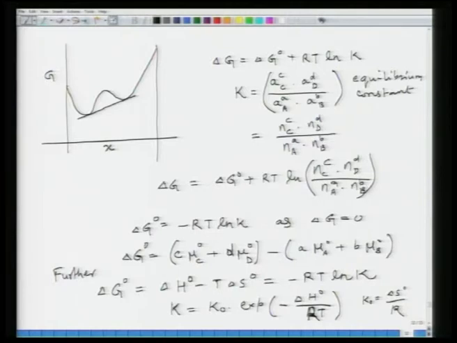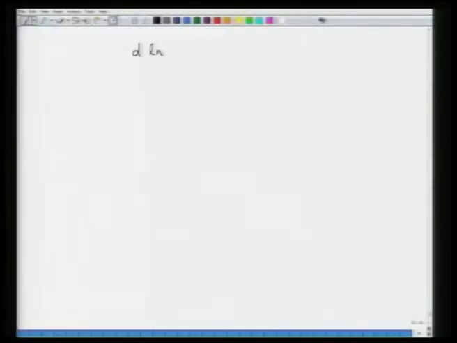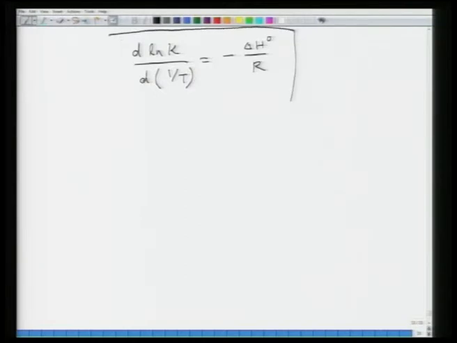So K also is a temperature dependent entity. How can you show it in a more elegant manner? The temperature dependence of K can be shown as d ln K divided by d(1/T) equal to minus delta H naught by R. So this shows that K is dependent on temperature, which is equal to minus delta H naught by R, and this is called the van't Hoff equation.